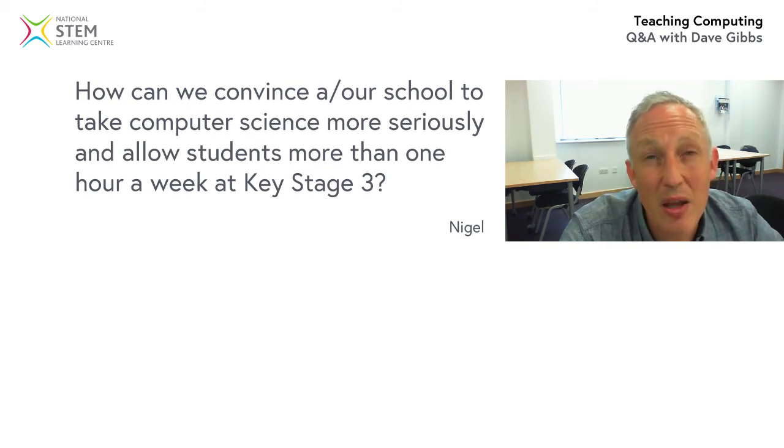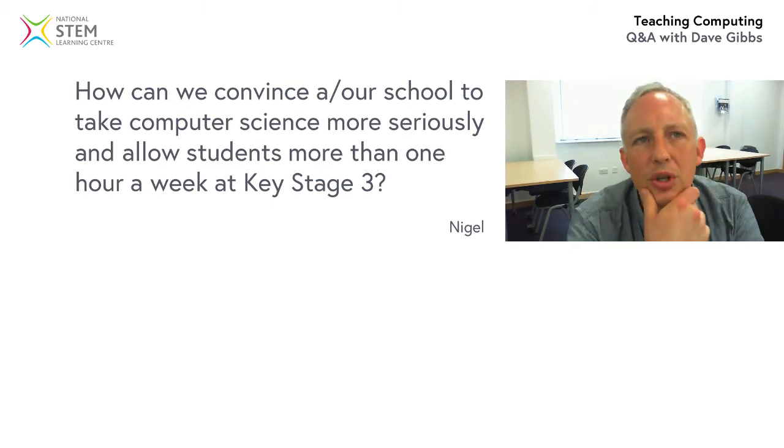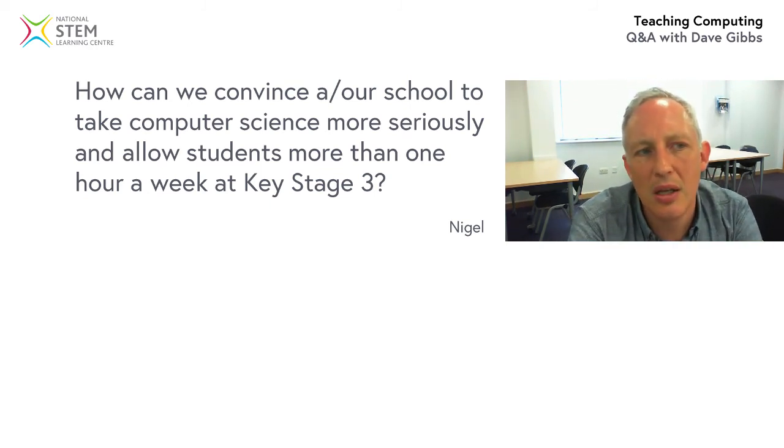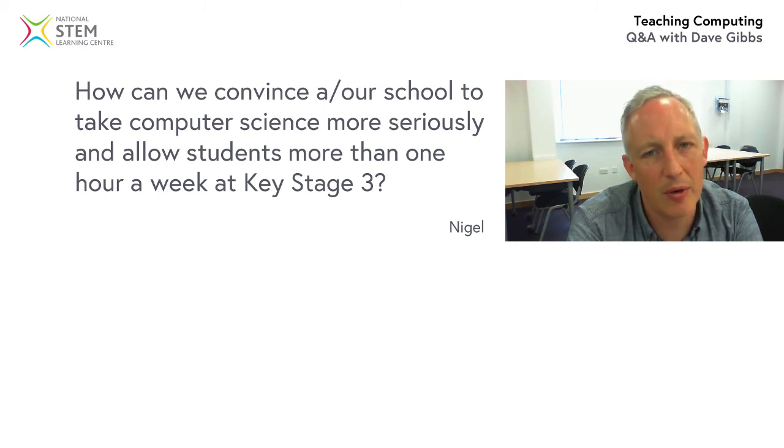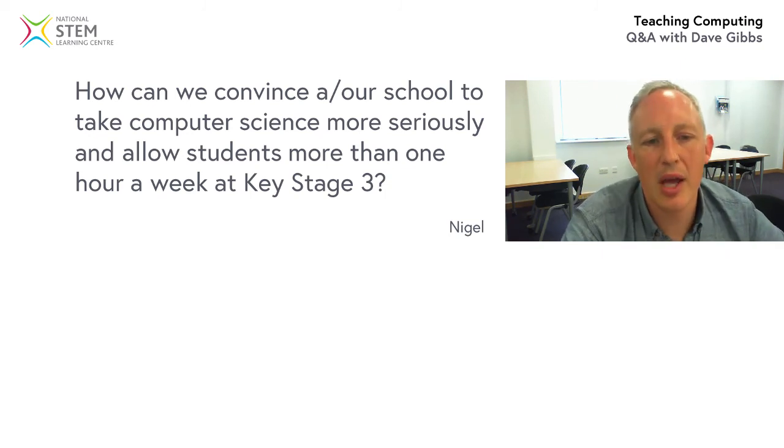And obviously a key point here is options time. So when it comes to students choosing an option at age 14, are they choosing your subject in big numbers? Because if they are, then their underperformance would have a big impact on the school's performance and accountability as a whole. So therefore that would add weight to your Key Stage 3 requirements, that you need more time.